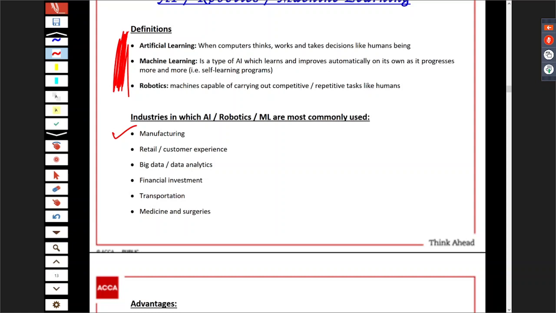robotics. Then retail and customer experience. A lot of these big data websites, Google Analytics, all these things, they analyze what you want, they study your behavior and they suggest things. So retail and customer experience is using AI.